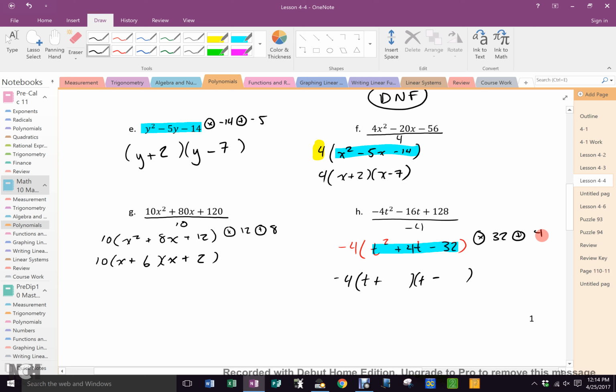Is it 2 and 16? Is it 4 and 8? Which one is the positive? Why does 8 have to be positive? When I add them together, I need 8 minus 4 to get positive 4.